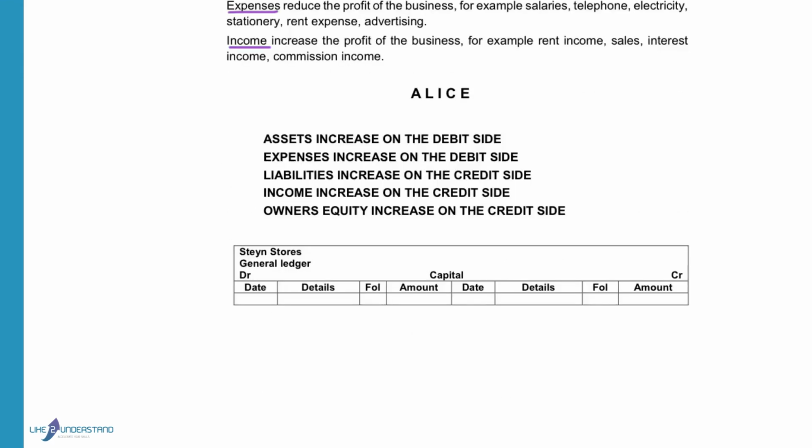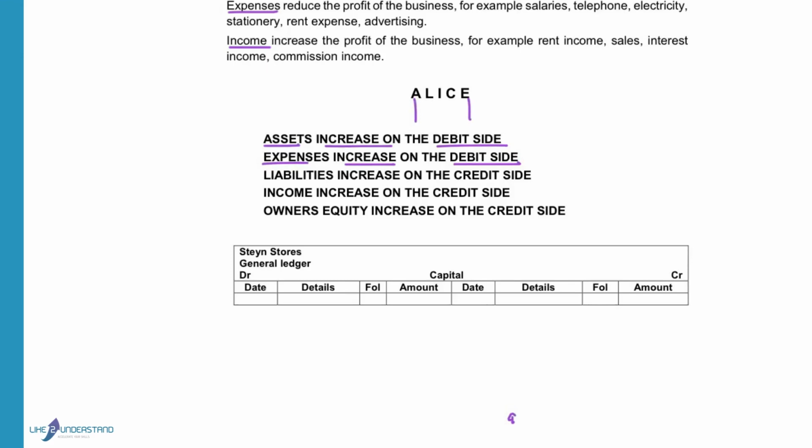It is very important to remember which accounts increase on the debit side and which increase on the credit side. Assets increase on the debit side. Expenses increase on the debit side. So the first letter of Alice and the last letter of Alice will increase on the debit side.